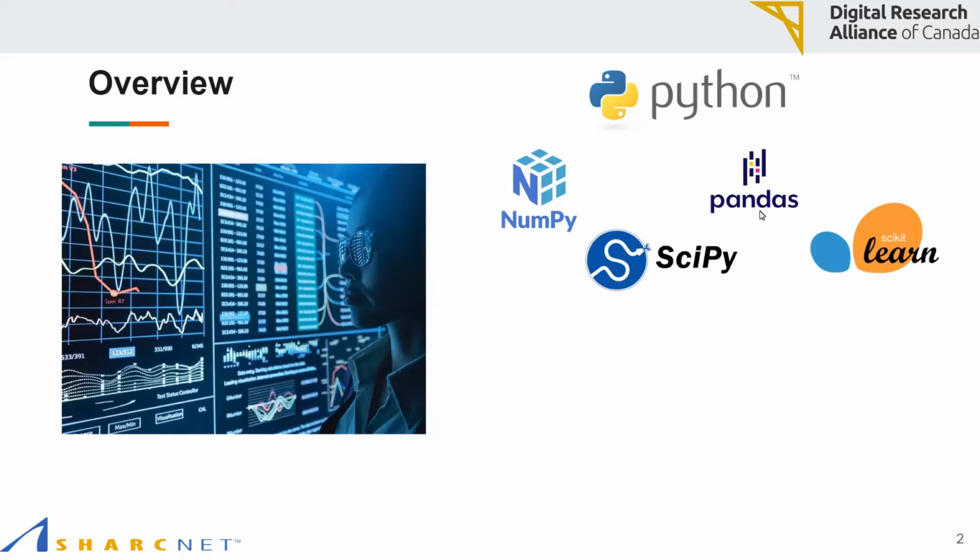The DataFrame is the most commonly used object in Pandas. You can think of it like a spreadsheet or a table from a relational database. And scikit-learn provides tools for data mining and machine learning. It also has tools for data pre-processing, feature selection, and tools for building models in machine learning, etc.